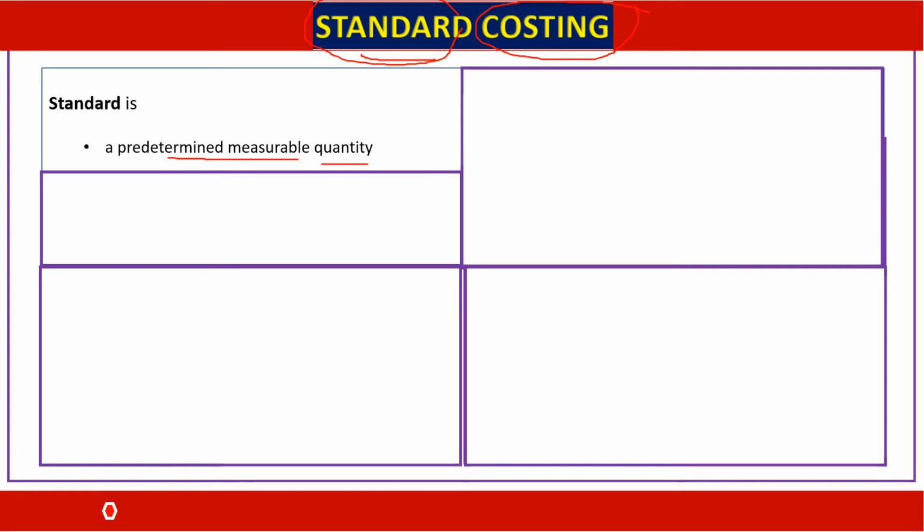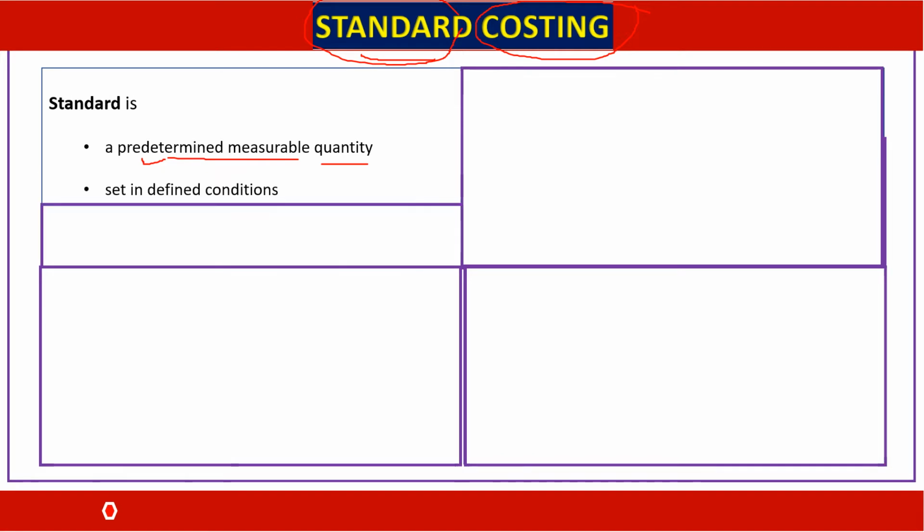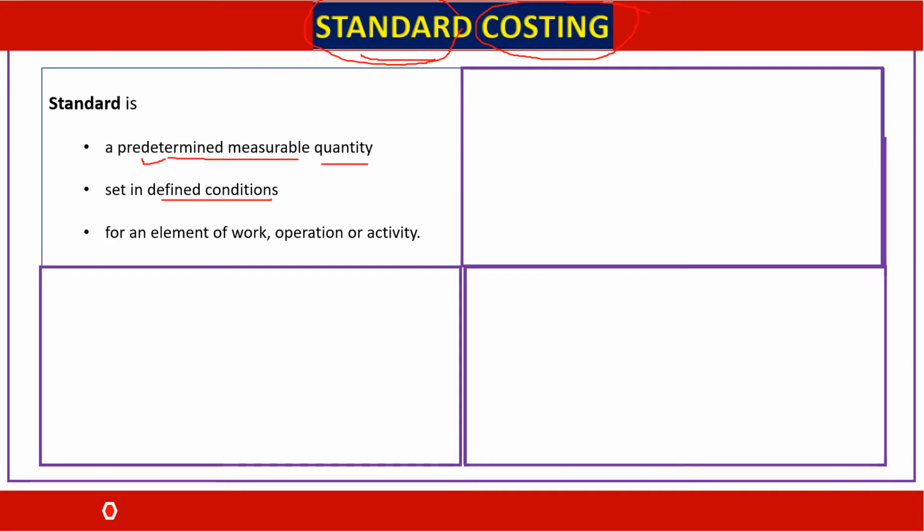of quantity. Predetermined means decided in advance as a benchmark, and it takes care of all conditions that facilitate the performance. It is not theoretical. It takes care of the conditions prevailing under which the performance could be achieved to standard.